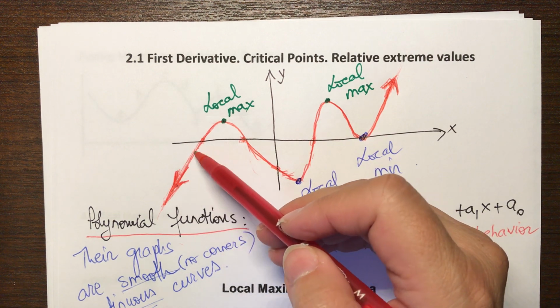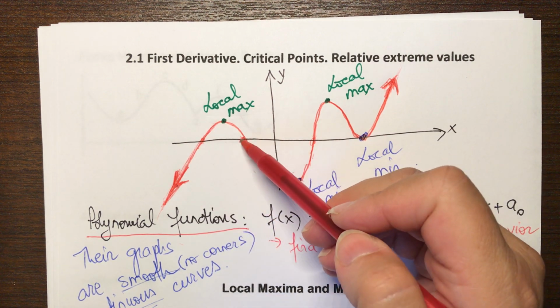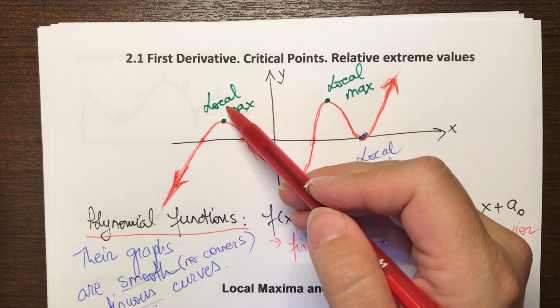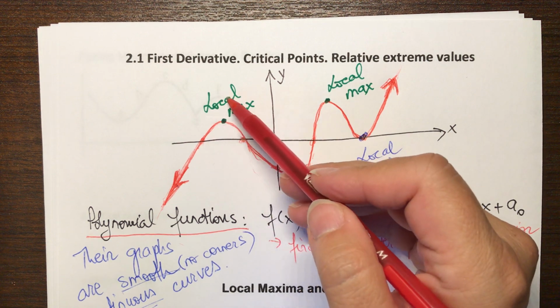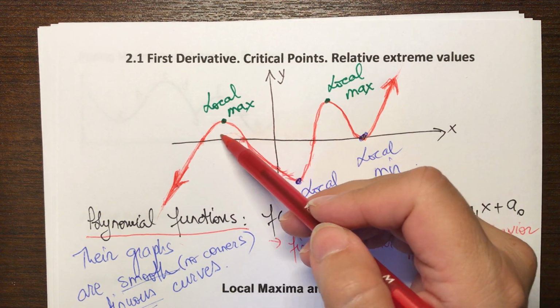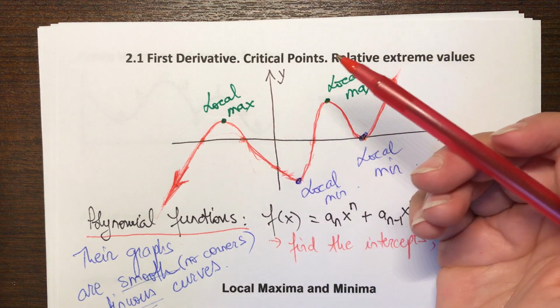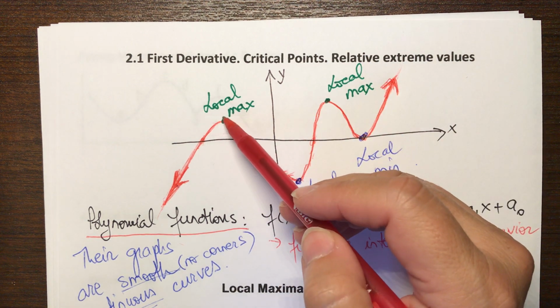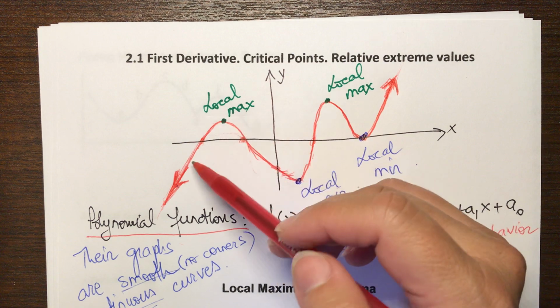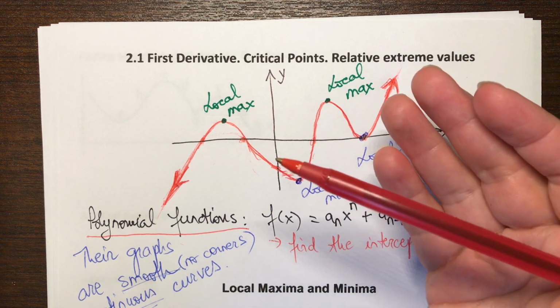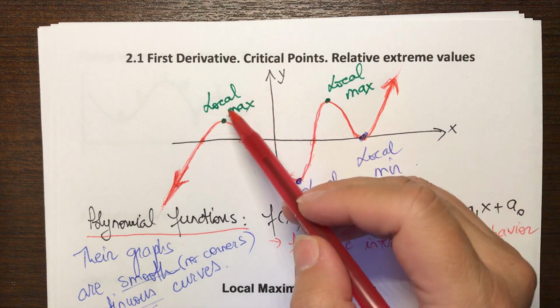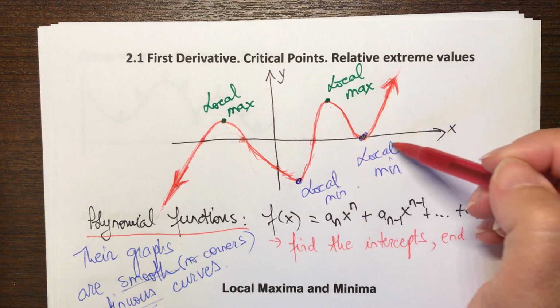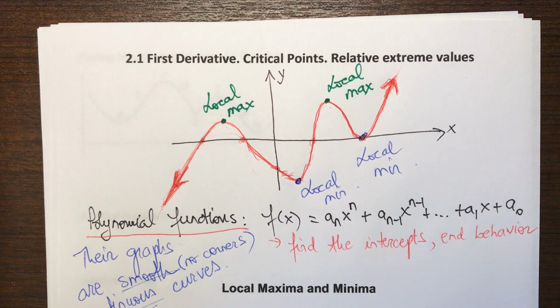But I don't know how far to go before it turns. I could have made this go just like that, pretty flat. So it seems like we should be able to find these local mins and maximums. And how are we going to find that?